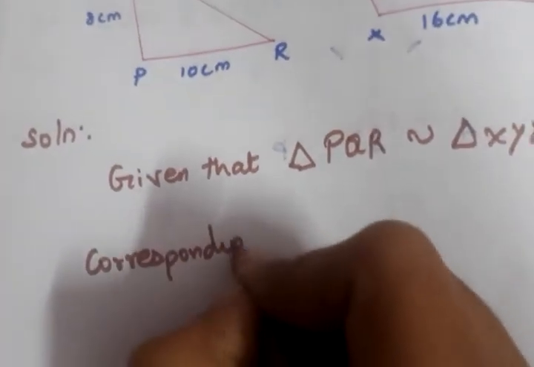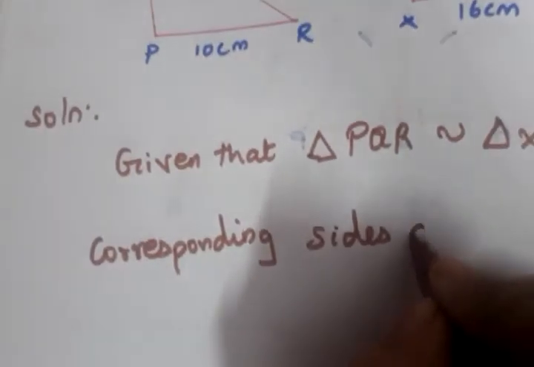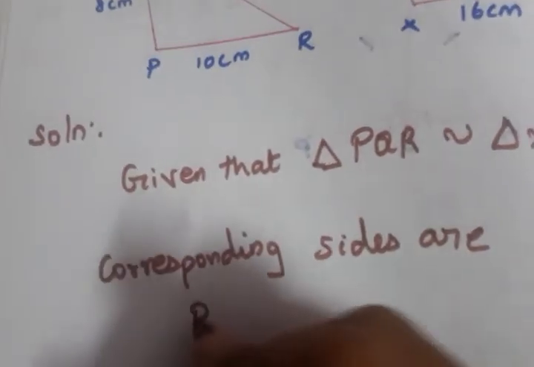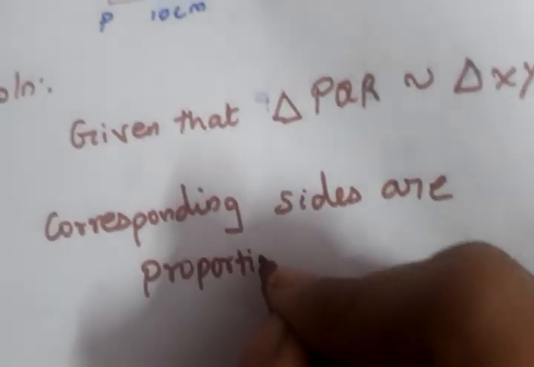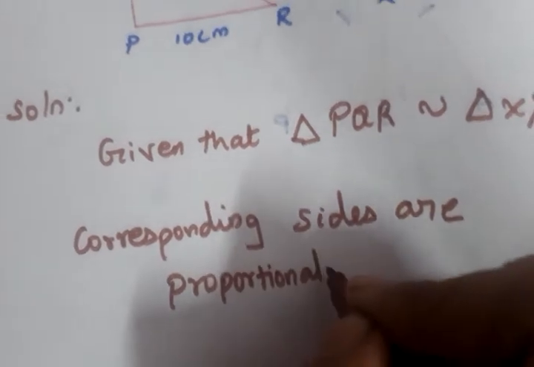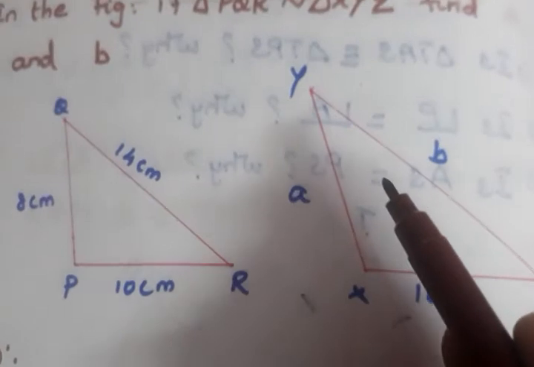So PQ by XY, the corresponding sides are proportional means a ratio or division.